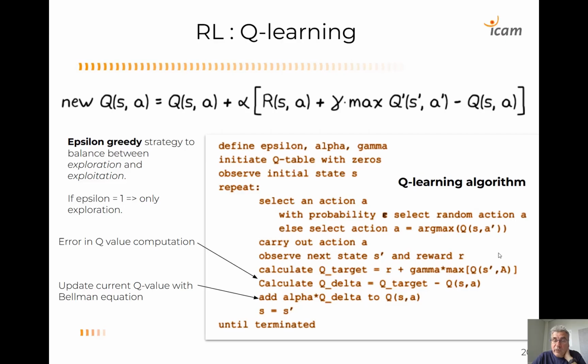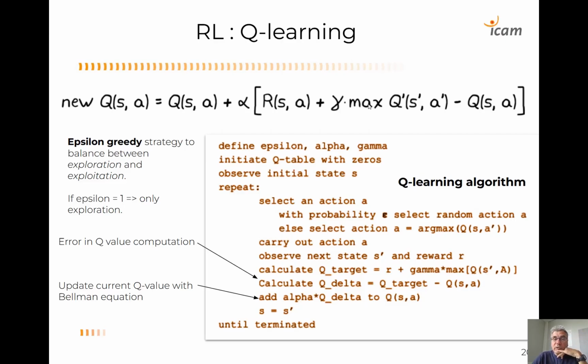We have the reward here. We have the gamma, which was defined here. We get the maximum Q value from state S prime. So we have to check for all the possible actions from state S prime which one has the highest Q value, and this will be the value that we select here.